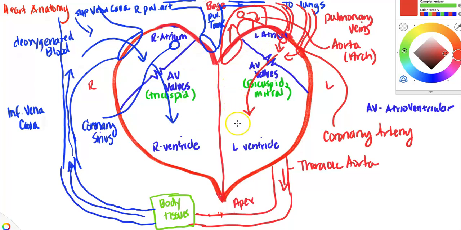All right, the heart, and I should mention this, but again, the heart is divided in two. The right half deals with deoxygenated blood, and the left half basically deals with oxygenated blood. And that division in the middle is called the interventricular septum.